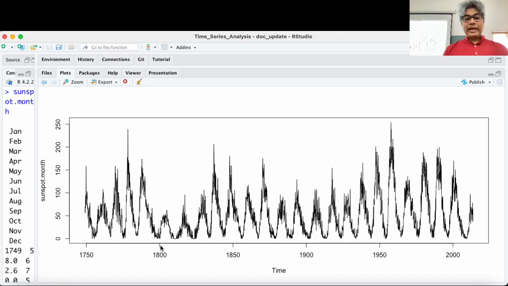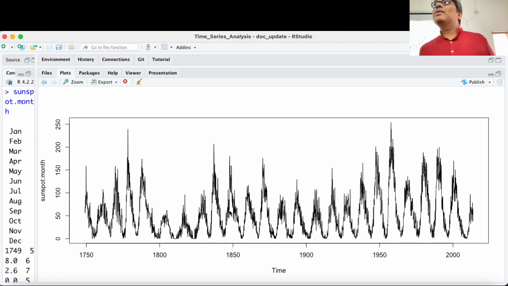And then between 1800 to 1850, another 50-year period, 1, 2, 3, 4, 5, 4 to 5 cycles we are seeing. So again, it is not clear whether in a 50-year period we will see 4 cycles or 5 cycles.